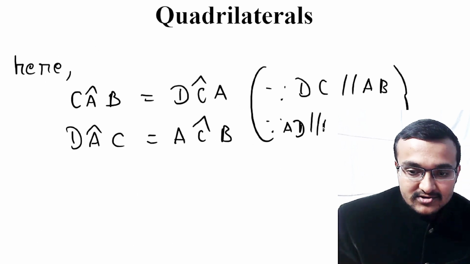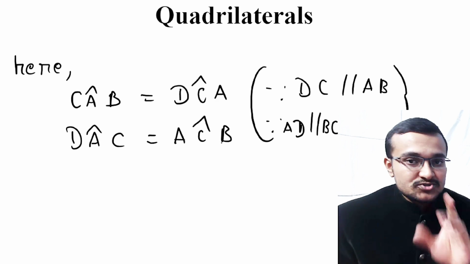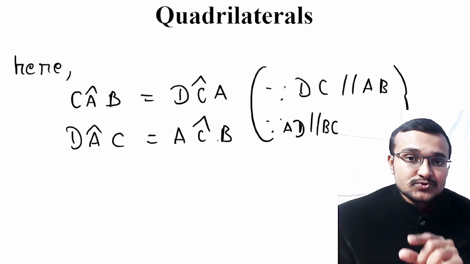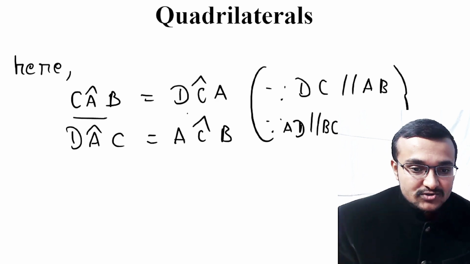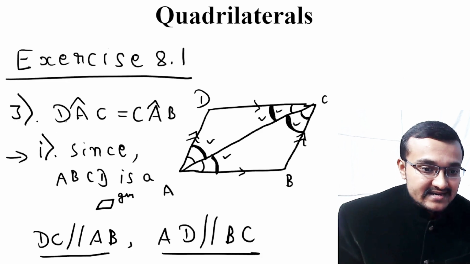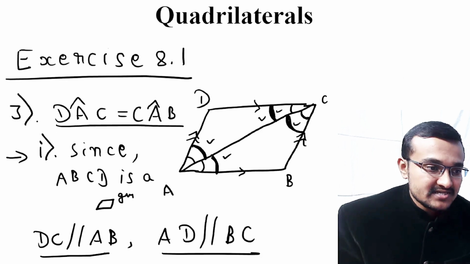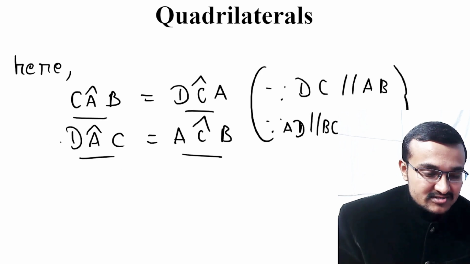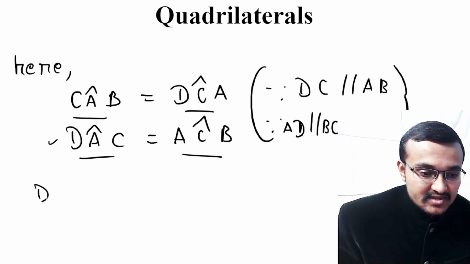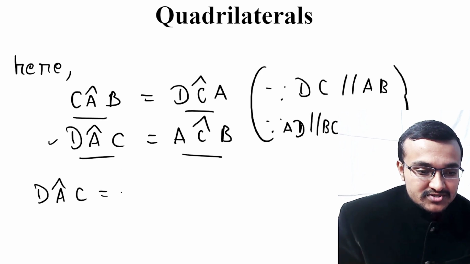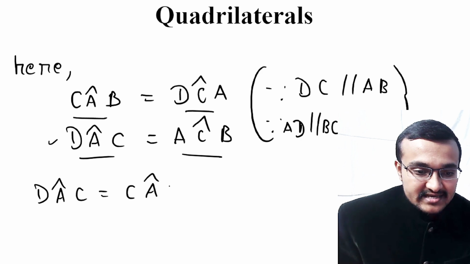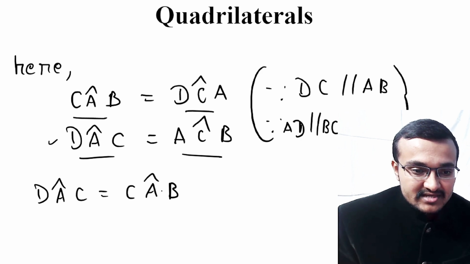Based on these two, we are getting CAB equal to DCA and DAC equal to ACB. And in the data they have given, DAC is equal to CAB as well.